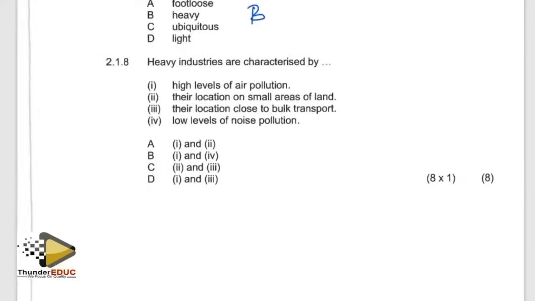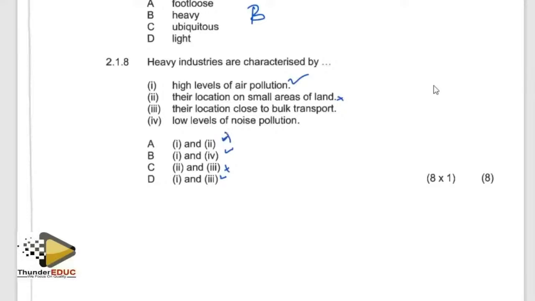Heavy industries are characterized by, let's check, high level of air pollution. Obviously, that is true. So wherever there is 1, it can be right. So this and this is okay, but this one is out because it is only having 2 and 3. There must be a high level of air pollution. So the second one is their location on small land. That one is out. So wherever there is 2, it's out.